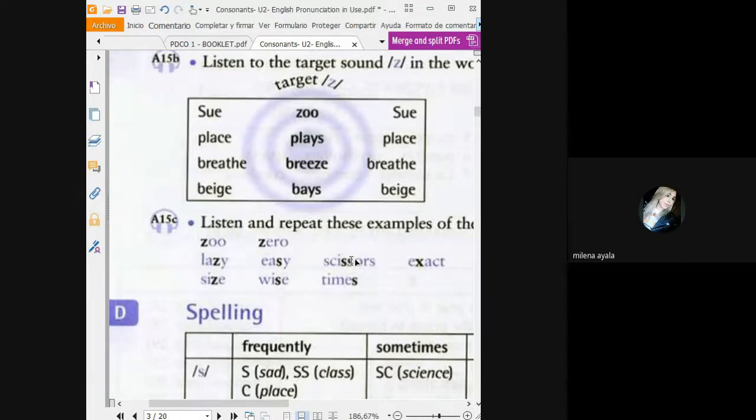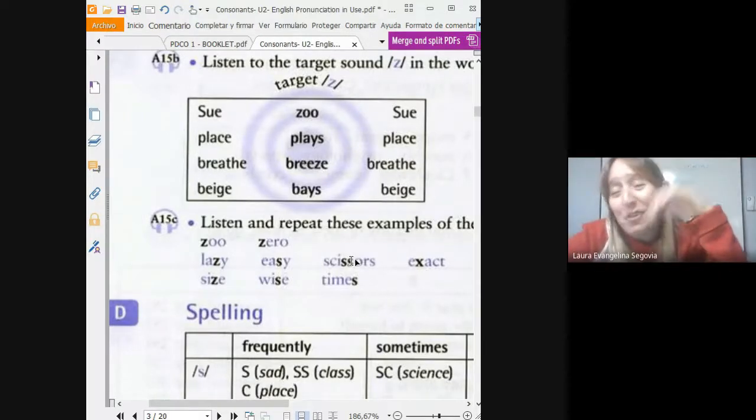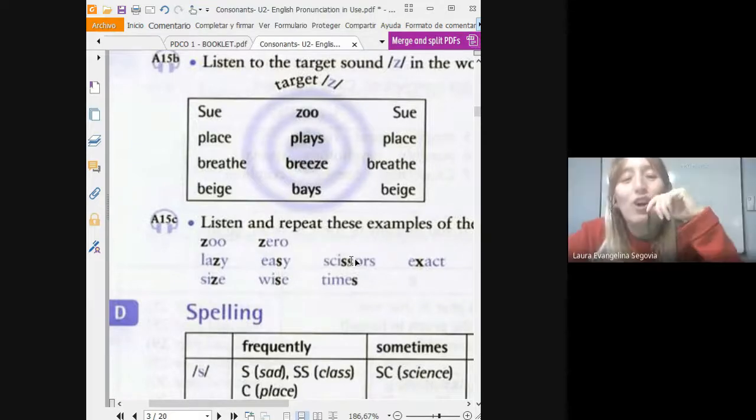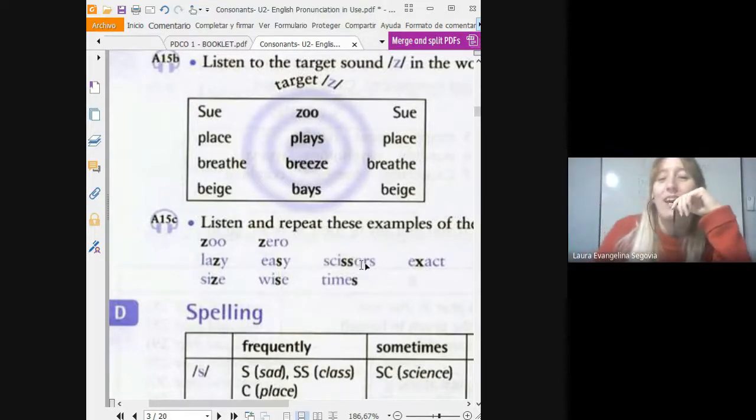Scissors. Yes, but normally you say scissors. No, it's not scissors. It's scissors. C-Z. Come on. Scissors. Good. That's it. Okay.